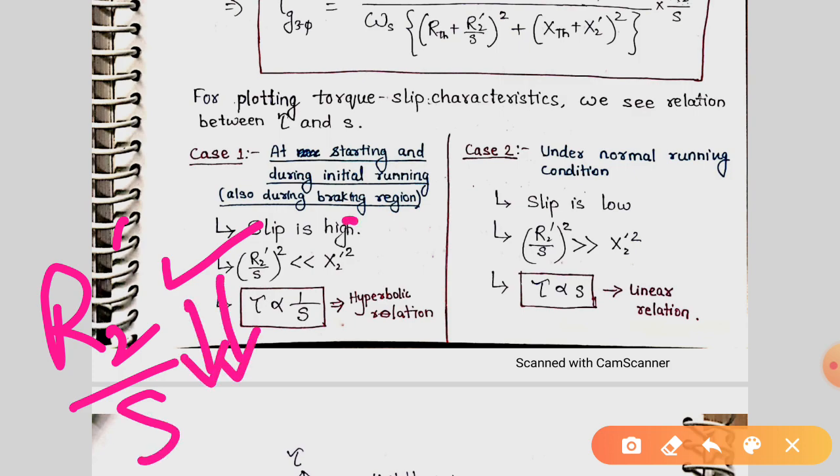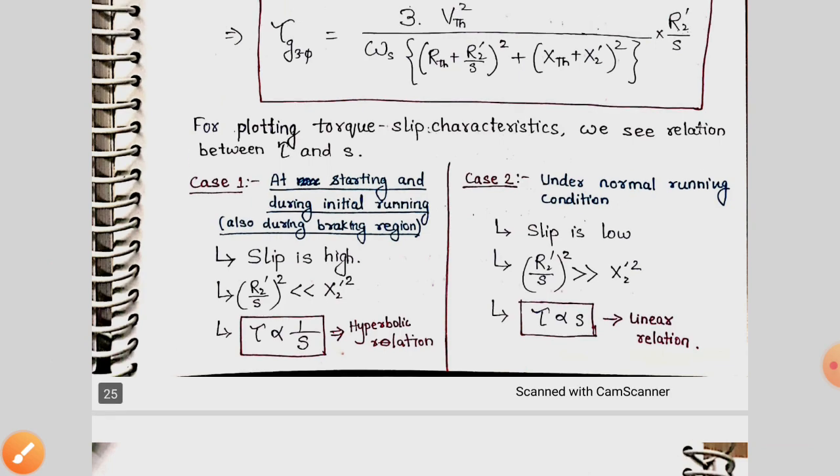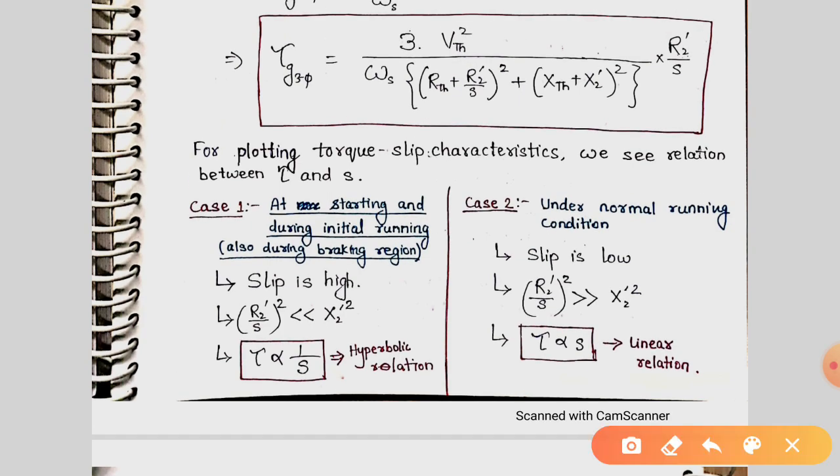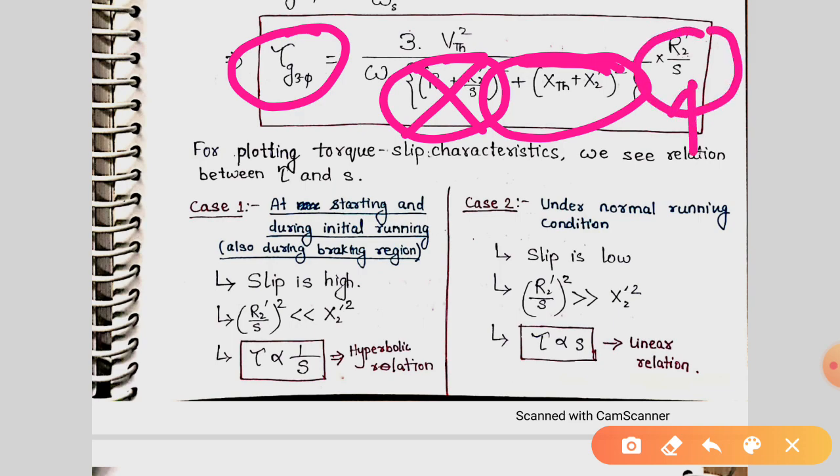So under this condition X2 dash will be high, and hence in the above equation we can neglect this part, and ultimately we get torque as inversely proportional to slip.